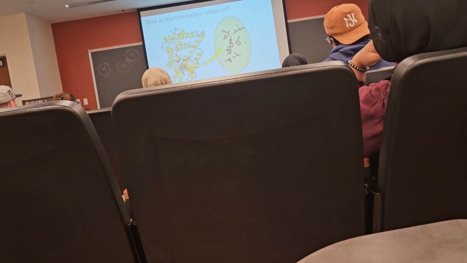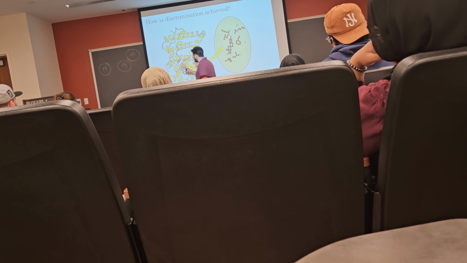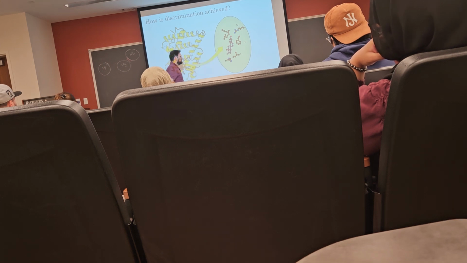The main purpose of the rest of the structure here, in this case the estrogen receptor, is to position these residues in the active site in this specific way so that they can make weak interactions with their respective ligand. And those weak interactions are going to be maximized when it's the correct ligand in the active site. So here we have, again, beta-estradiol.